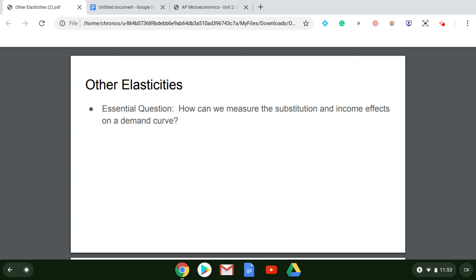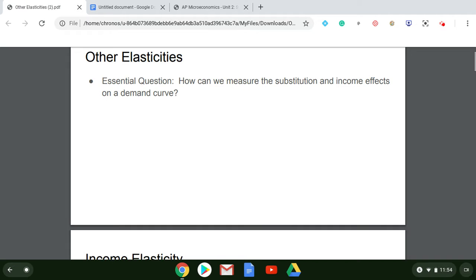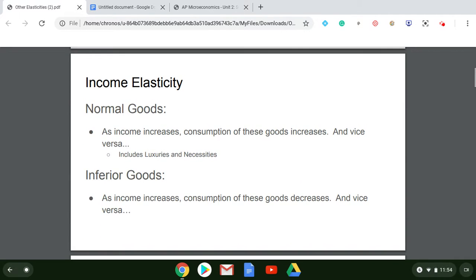Whereas income effects mean that as prices go up or down, it essentially makes people more or less wealthy, and affects how much you can actually consume of that product.